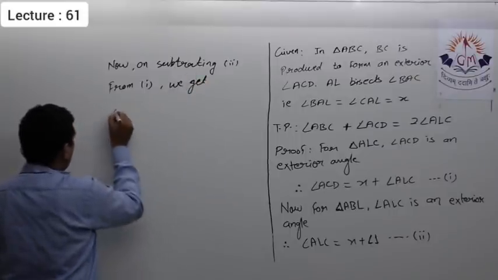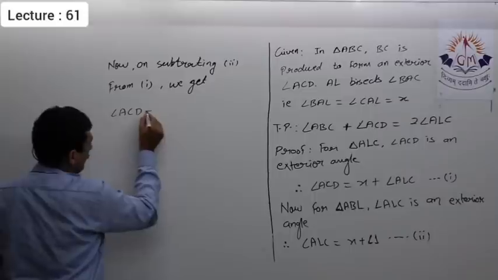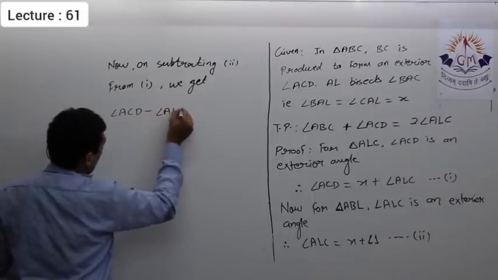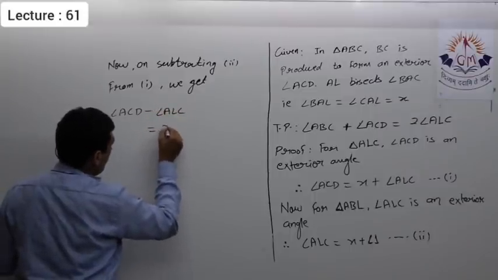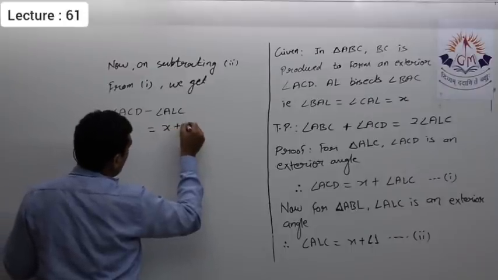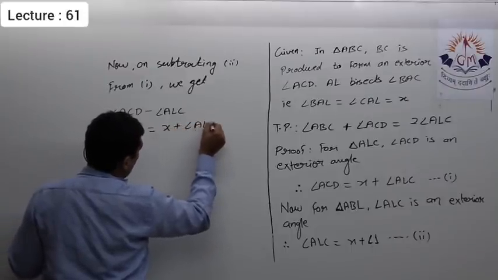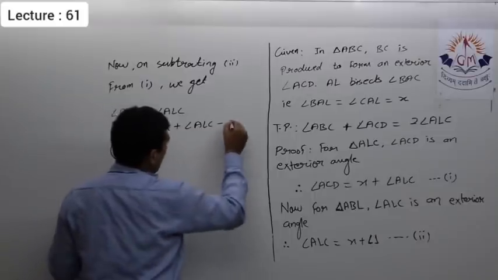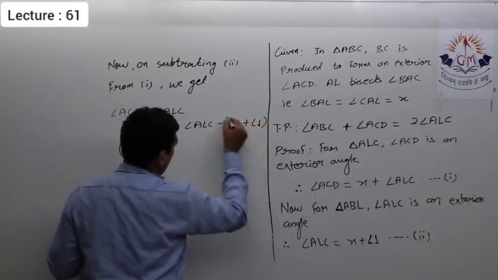See, on left hand side we'll get angle ACD minus angle ALC is equal to x plus angle ALC minus x plus angle 1.